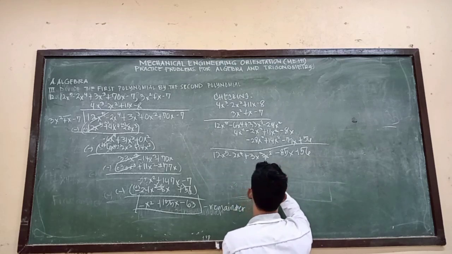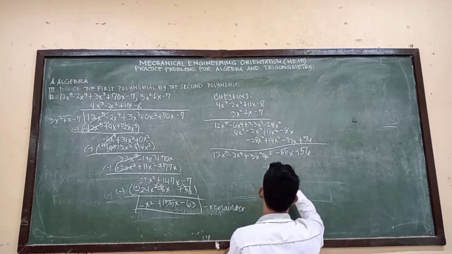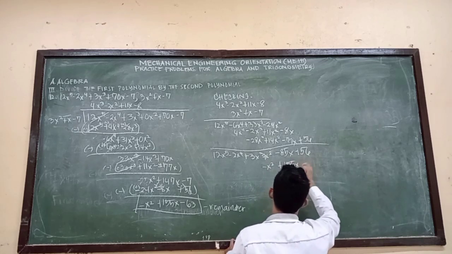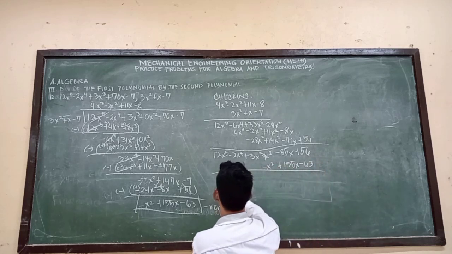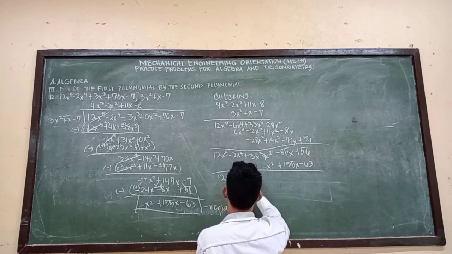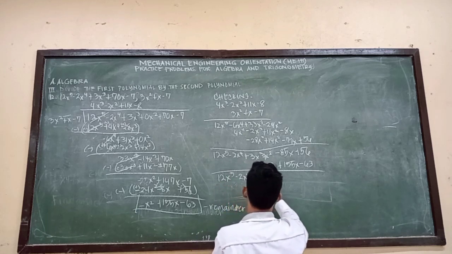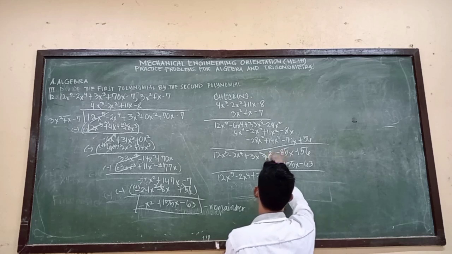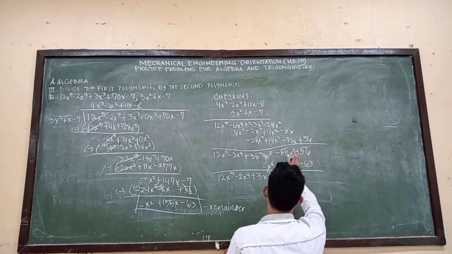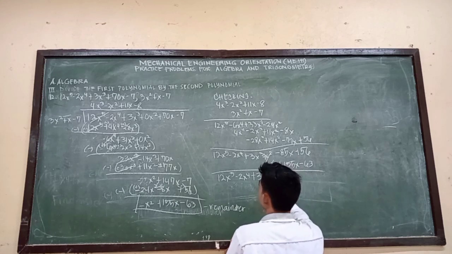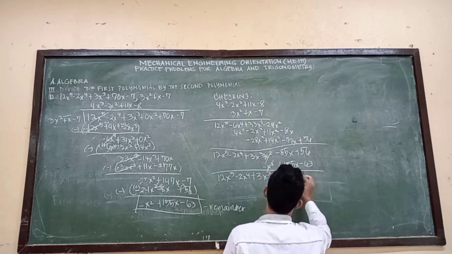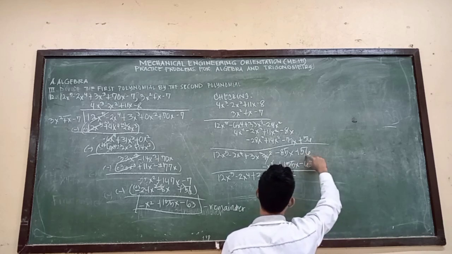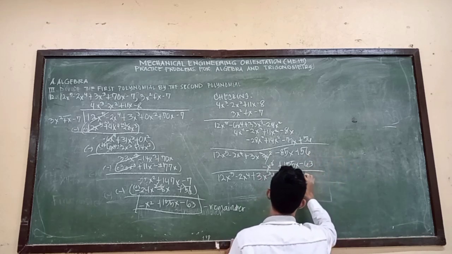Then our remainder, negative x squared plus 155x minus 63. 12x to the 5th minus 2x to the 4th plus 3x cubed cancel, and then negative 85x plus 155x will give us positive 70x, minus 63 plus 56 will give us negative 7.